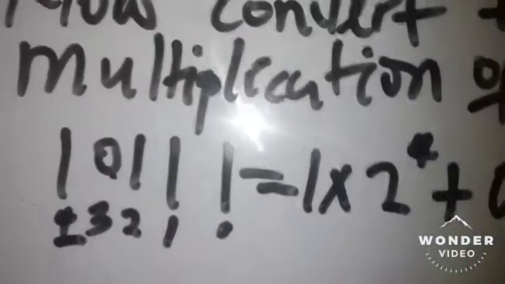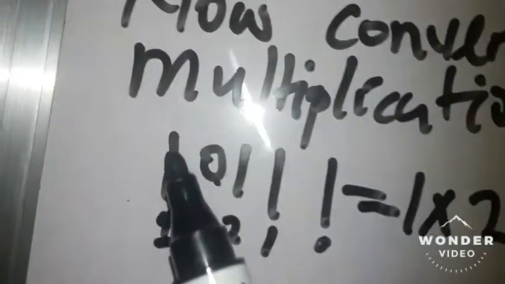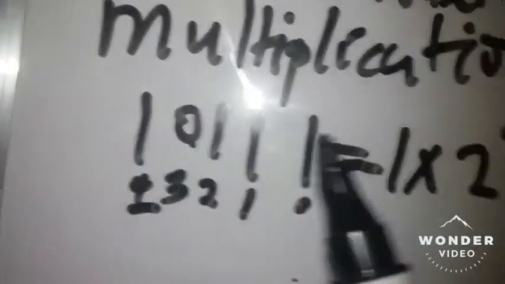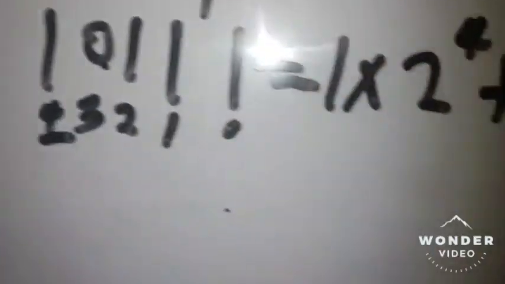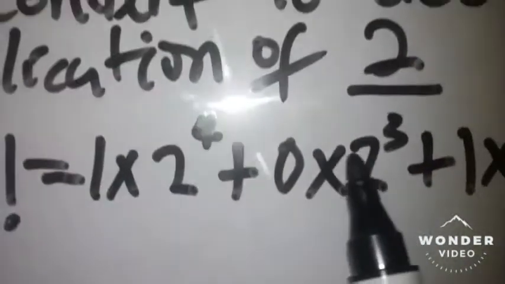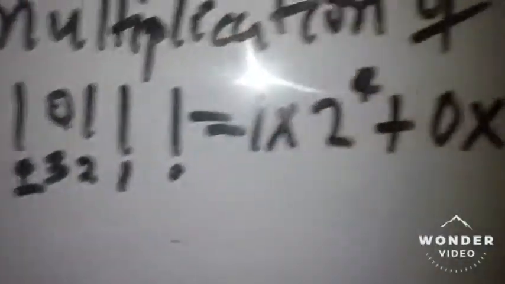So after doing that, now we have known our positioning. So we want to multiply. You pick the very first one, 1 times 2 raised to power 4. Plus the next digit, 0 times 2 raised to power the next 3.